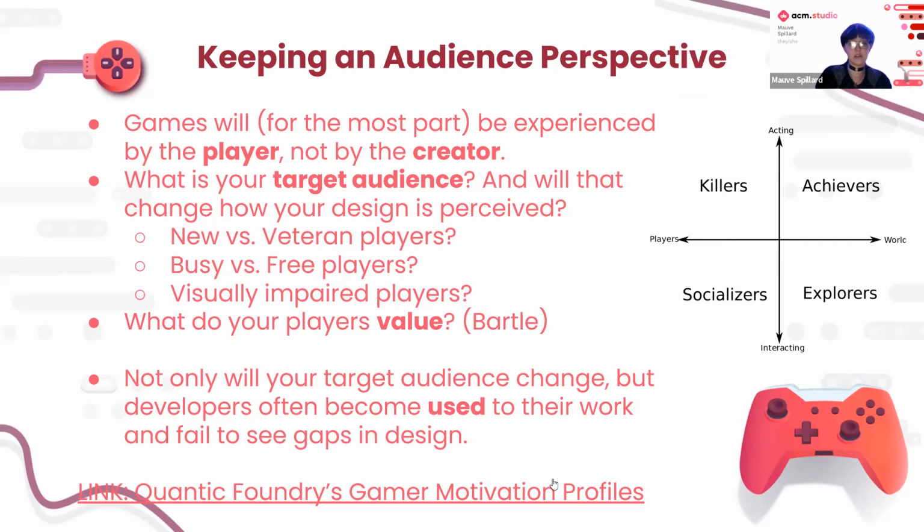That's what killers and socializers have in common, usually that they are playing with others in multiplayer situations, whereas achievers and explorers prefer solo games, like they're going out on their own to war. So it just depends on whether or not it is multiplayer or solo playing.